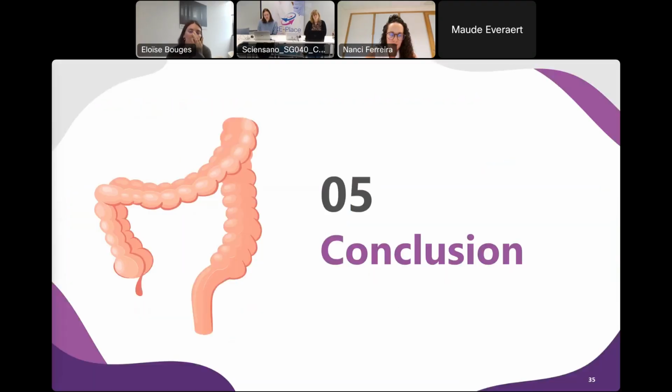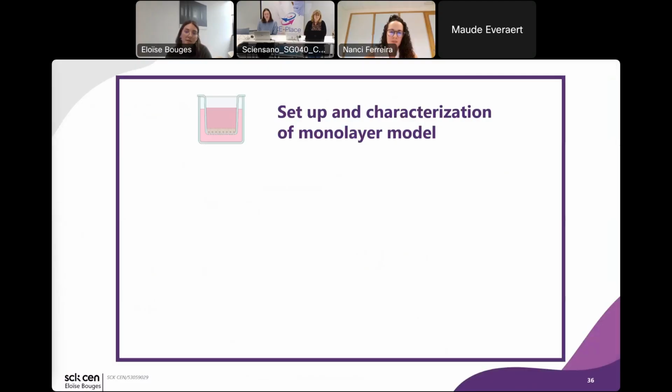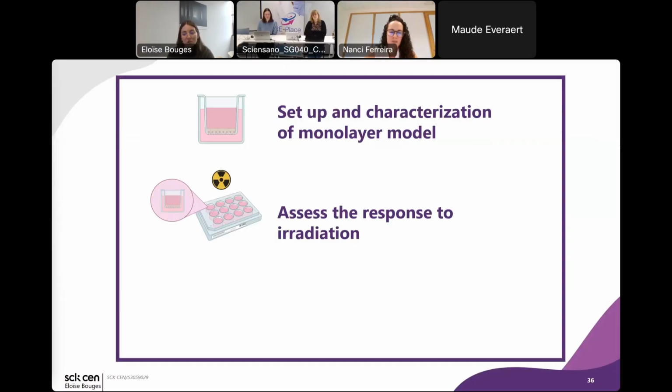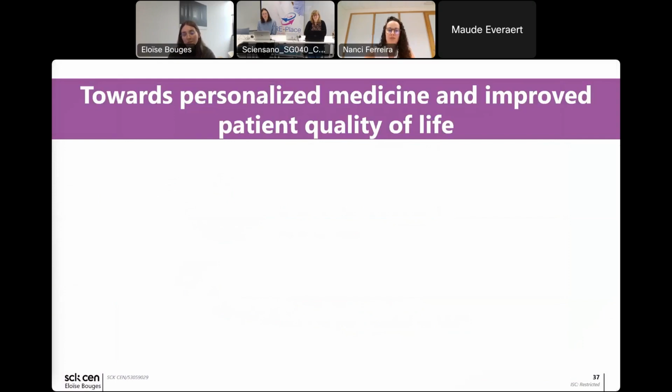I will now move to the conclusion. As we mentioned, in this project we are working on setting up and characterizing our monolayer model. We want to assess the response to irradiation and also implement our monolayer model in an MPS. The goal of this project is to go towards personalized medicine, with the idea of improving the quality of life of patients that go through radiotherapy treatments, which are very harsh treatments.